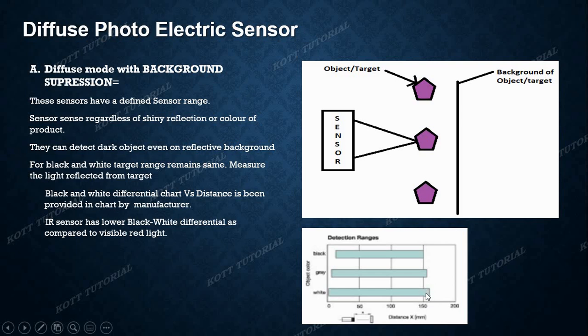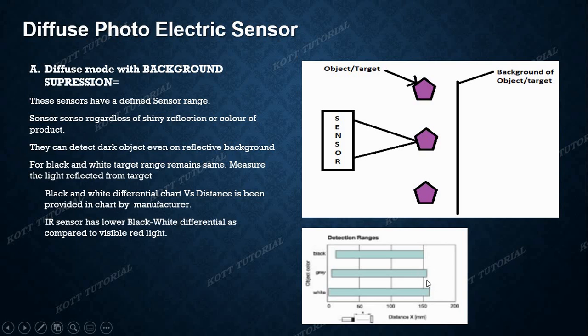If I am having a multicolor product, means I am having a black color product also, white color product also, and a gray color product also, and it is passing at a distance of 160 mm, for white color it will detect. For gray color it may toggle. It may or may not detect at this range. And for black color it will not detect. So the problem here is, for gray color it may or may not detect.